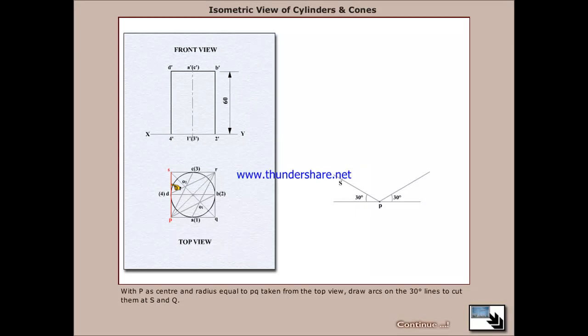With P as center and radius equal to PQ taken from the top view, draw arcs on the 30 degree lines to cut them at S and Q. Draw lines from S and Q parallel to PQ and PS respectively. Name the point of intersection as R.